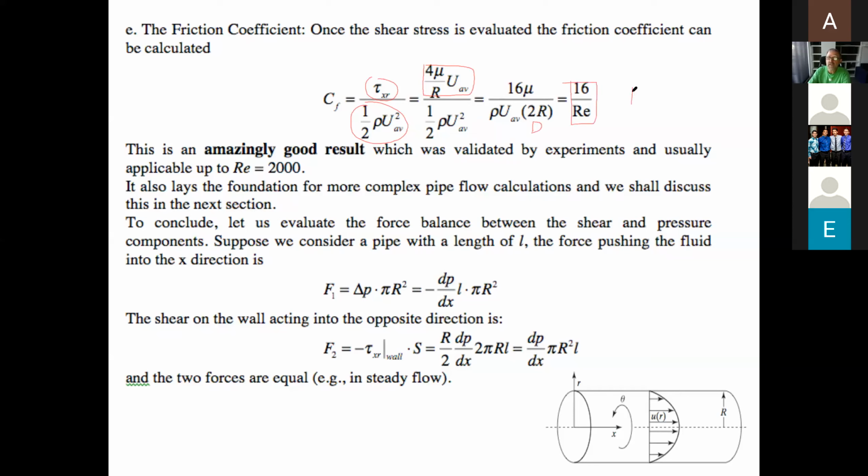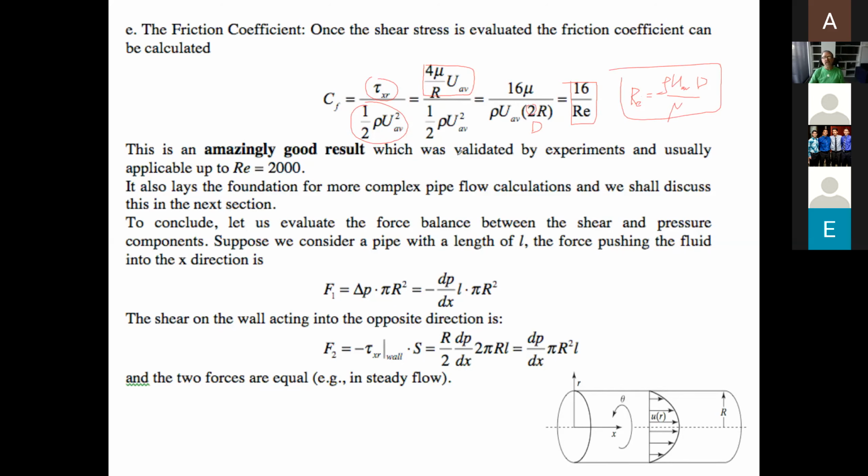And the Reynolds is going to be rho u average in this case, diameter, and viscosity. And this is a more typical way of defining the Reynolds number in pipe flow. So don't get confused because of the two. We want to use the diameter.